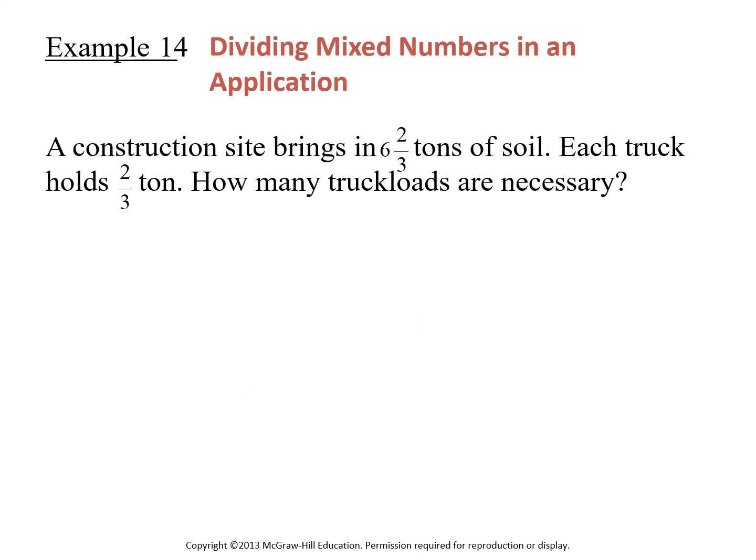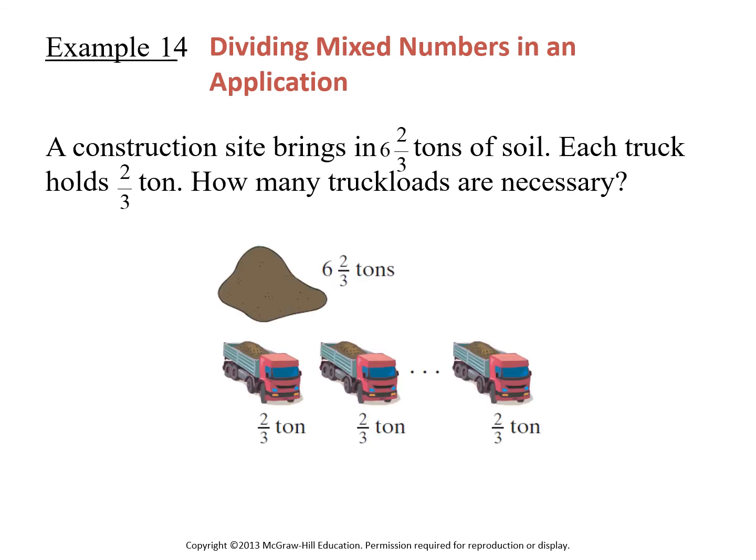A construction site brings 6 2/3 tons of soil. Each truck holds 2/3 of a ton. How many truckloads are necessary? So if we need 6 2/3 tons of soil and a truck can hold 2/3 of a ton, we need to find out how many 2/3 are in this 6 2/3 ton.